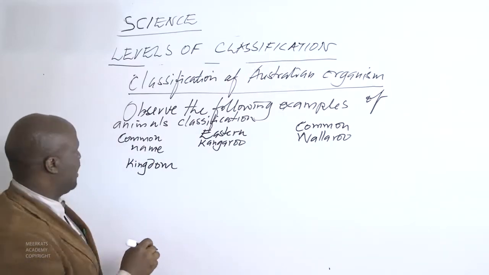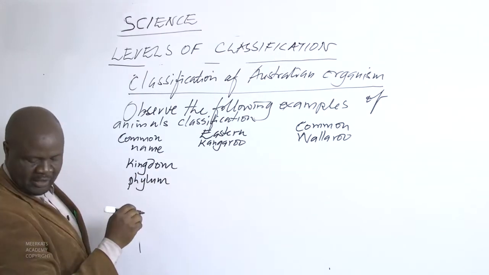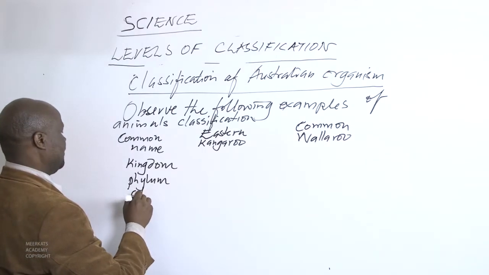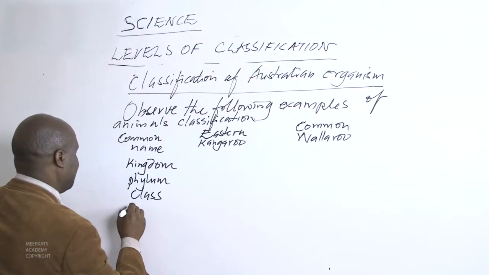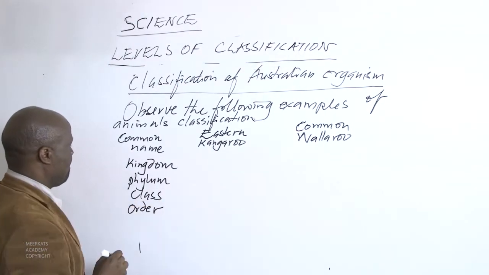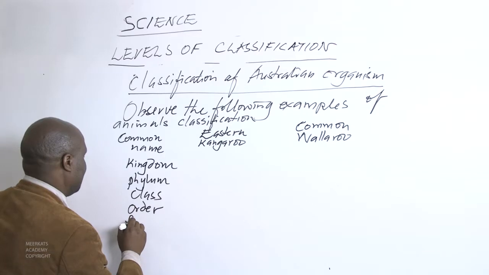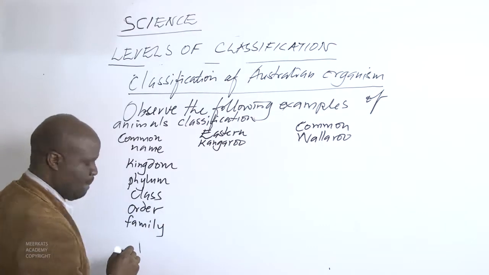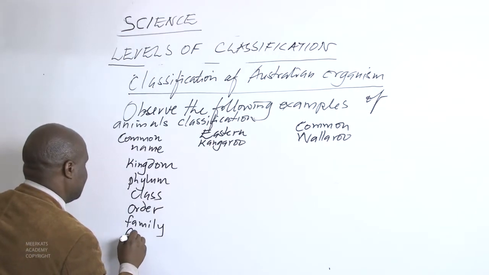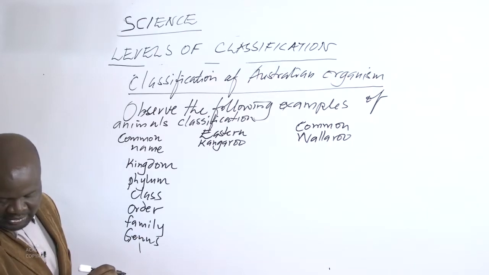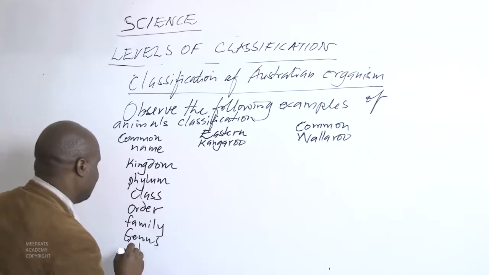Then from the kingdom we have the phylum, then the class, then the order, then the family. From the family we go down to the genus, and lastly we have a description of the species.